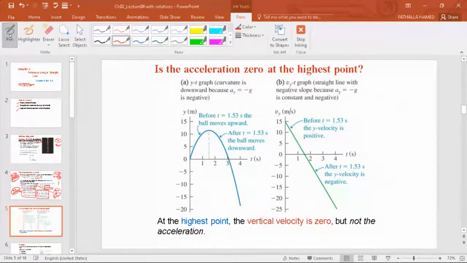Now we state here a question: is the acceleration 0 at the highest point? Because in your experience, if you throw something up, you will find that it will go to a maximum height and then it drops back.